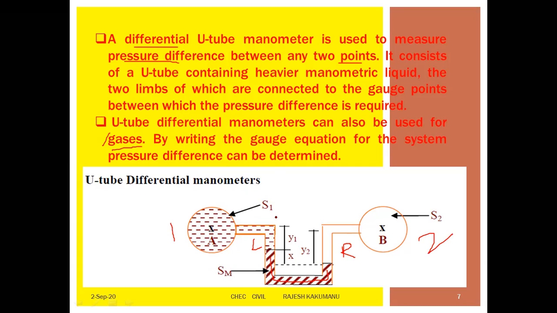Here S1 is the specific weight of one liquid, S2 is the specific weight of the other liquid. Now if you see the datum line X, the height of the water from the datum line is Y1, the height of the manometric fluid rise is Y2.